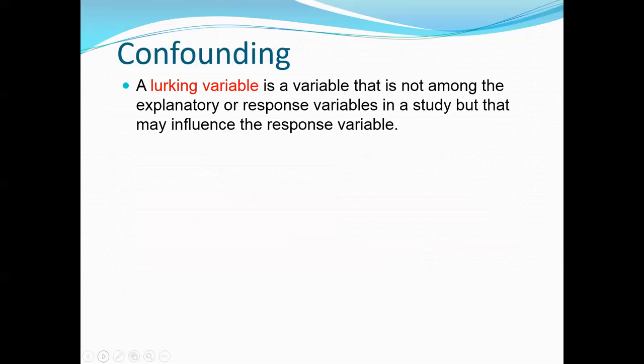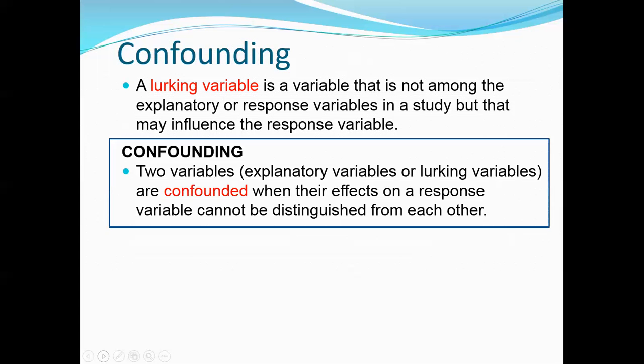Confounding. A lurking variable is a variable that is not among the explanatory or response variables in a study, but that may influence the response variable. Two variables, explanatory variables or lurking variables, are confounded when their effects on a response variable cannot be distinguished from each other.